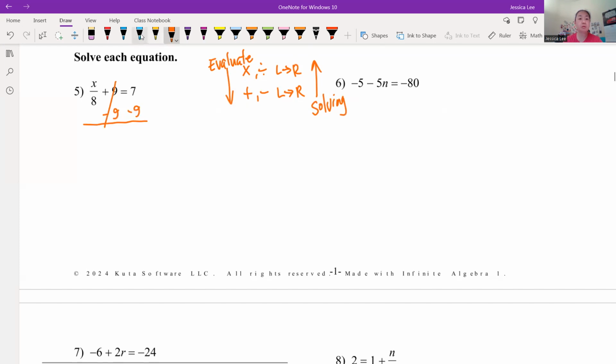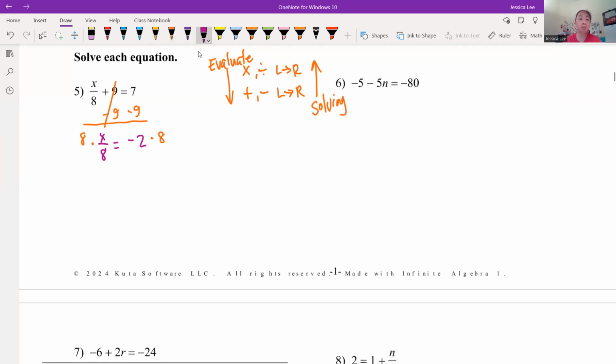And then we get x over 8 is equal to -2. And then what do we do? Now we have this, remember this line means divide. The opposite of dividing by 8 is multiplying by 8. Some number divided by 8 is going to give us -2. What's that number going to be?